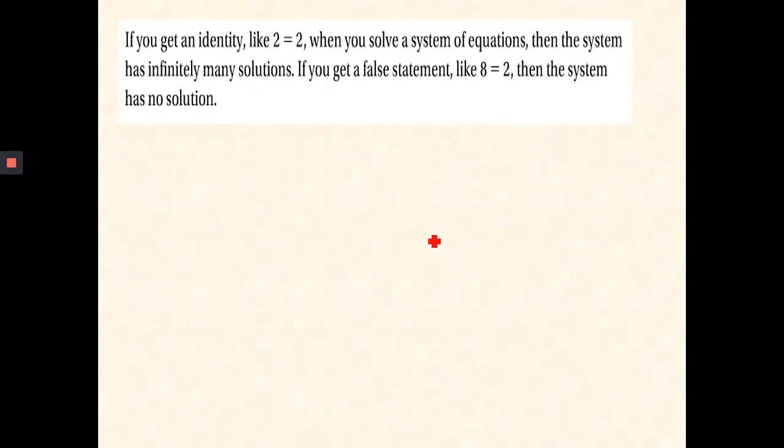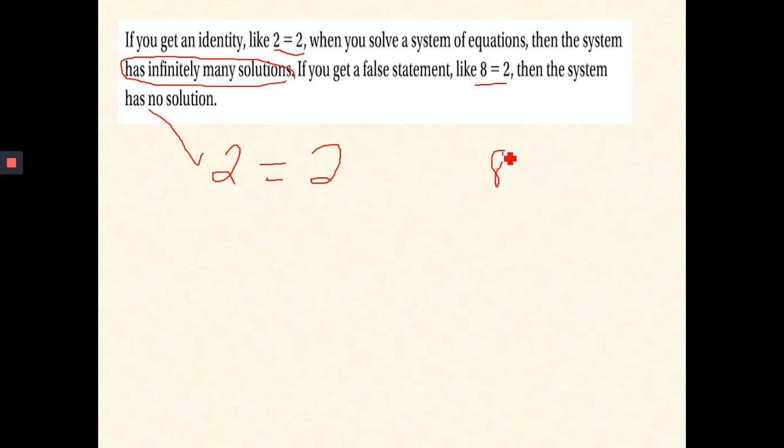Okay? There are instances that you will come up with a result like this: 2 equals 2. If you happen to have 2 equals 2 or 3 equals 3, then the system has infinitely many solutions because they are equal. Okay? There are also instances that you will come up with this computation: 8 equals 2.